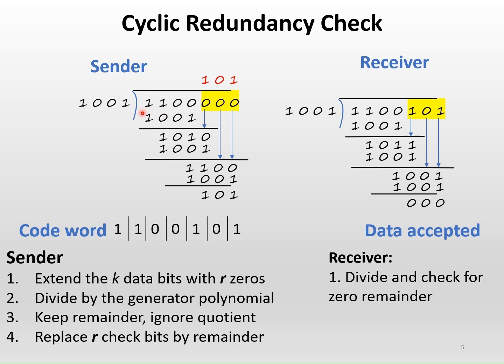So suppose I have a data 1100 and my divisor, which is also called the key or the generator polynomial, is 1001. My data is also 4 bits long, 1100, and because the divisor is 4 bits, I am adding 3 bits with this number, which I will divide.